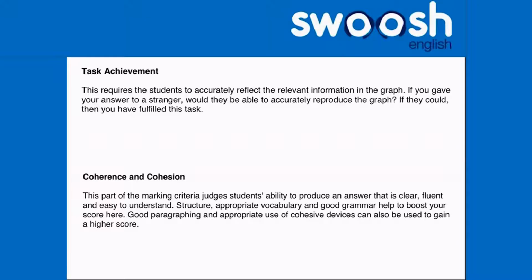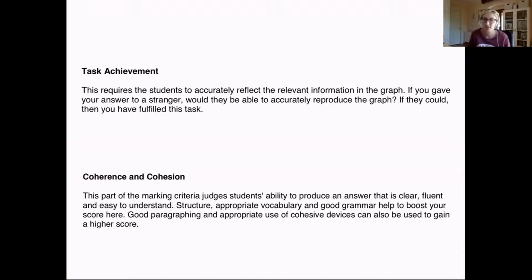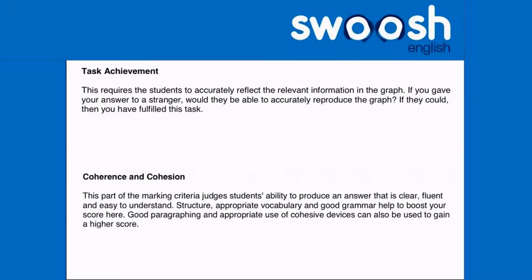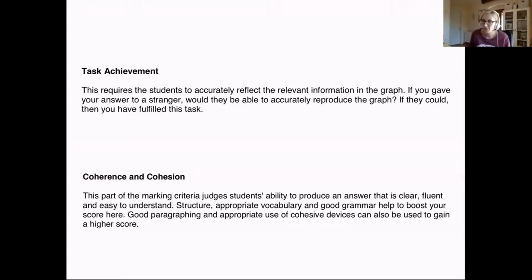Think about in your writing task 2 essays. How do you use cohesive devices? You will use them, but you maybe don't know that that's what they are called. Are these like examples, like in addition to? Yes, yes. So in addition to, however, firstly, secondly, anything like that. They're your linking words, they're your cohesive devices. So it's important to use them in writing task 1 as well, okay?